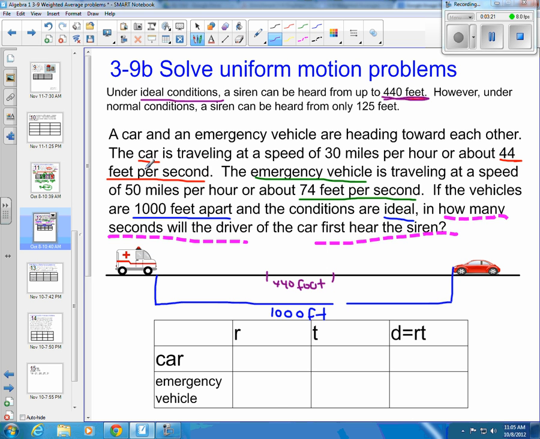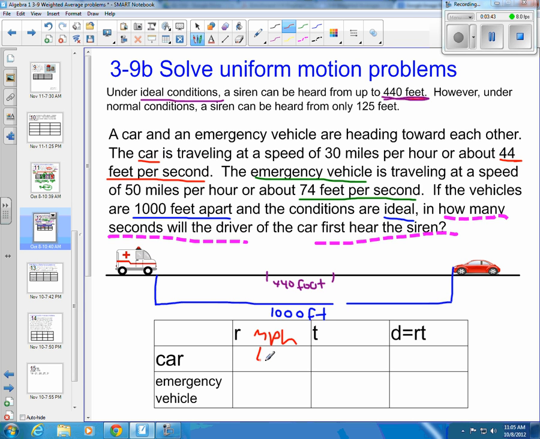So let's read some more stuff. The car is traveling at a rate of 30 miles per hour. But we're doing feet per second though. Sorry, let's go back here. So let me put that back. We are doing 44 feet per second.